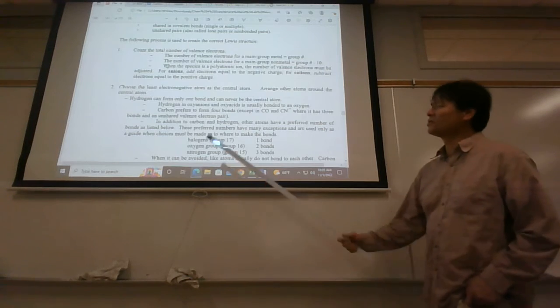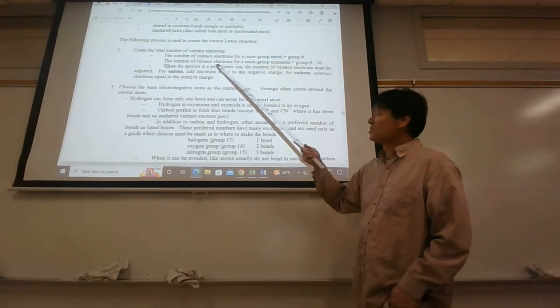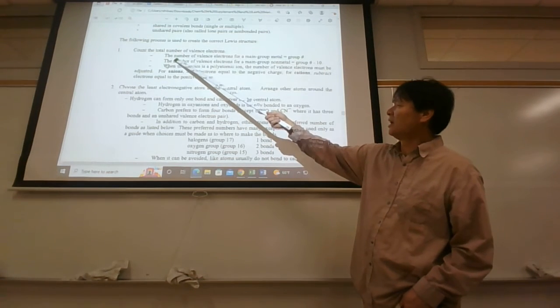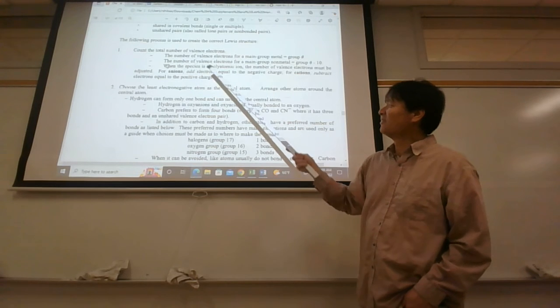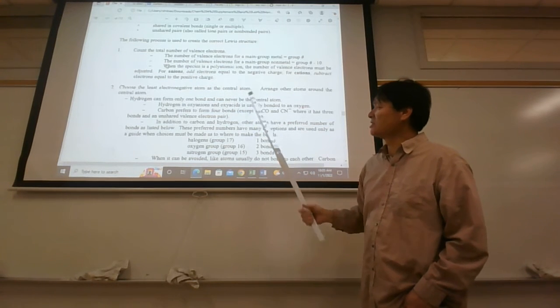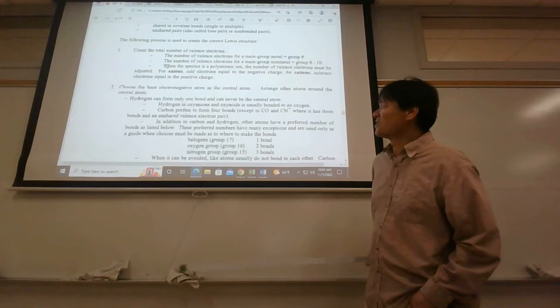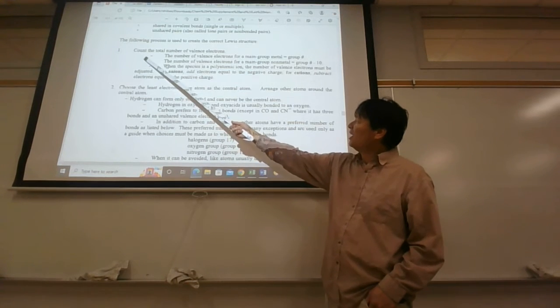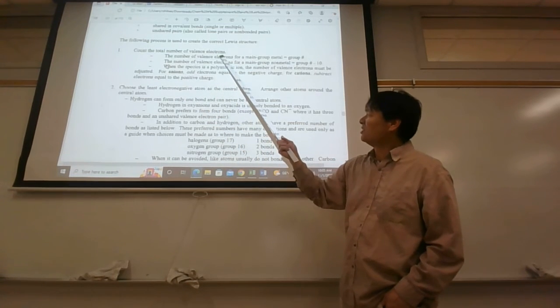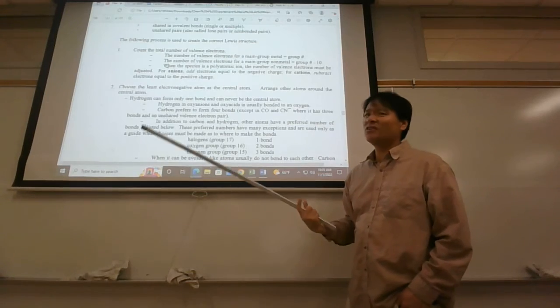If we have very simple Lewis structures, then we can just visually see how they're going to share, like H2O, etc. We don't necessarily have to go through all these steps here for something like water. 1, count the total number of valence electrons. So the valence electrons are the outer shell electrons.